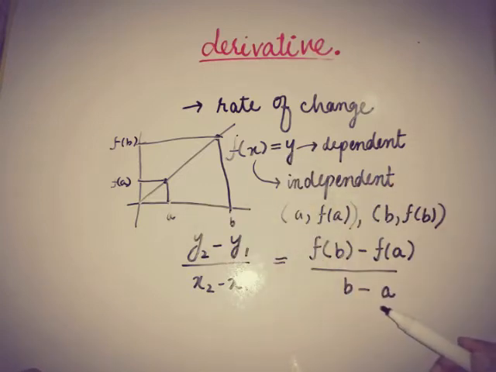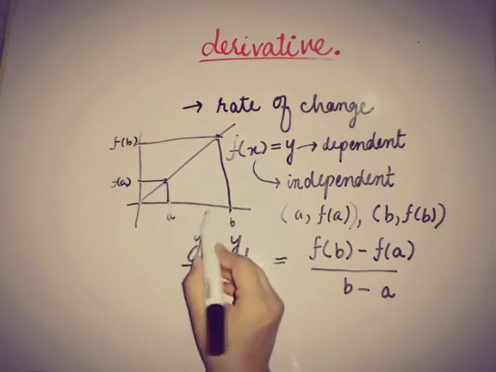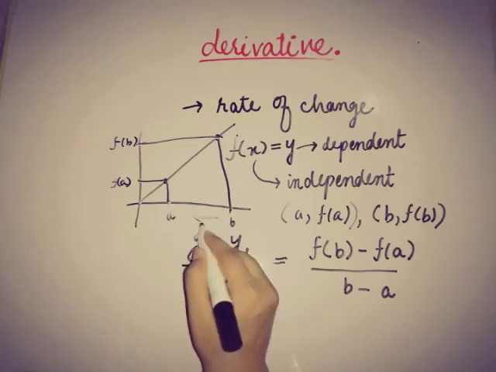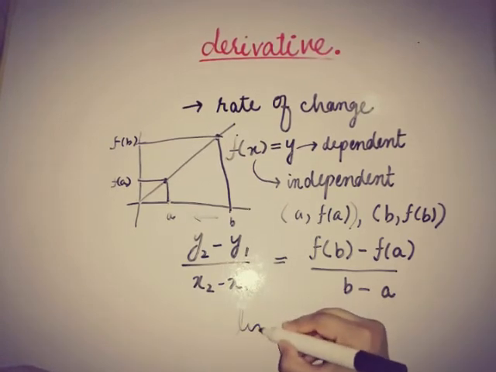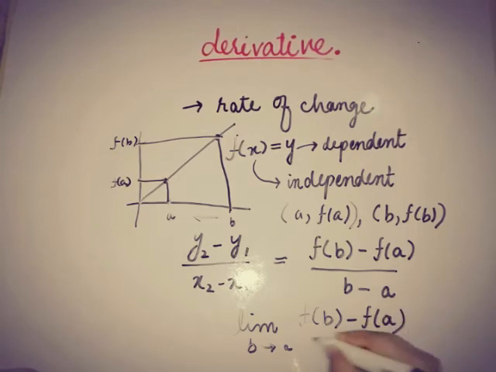Because the rate of change can be small as we take the 2 points, the distance between the 2 points can be made as small as we like. So if b is moving towards a, we can write it as limit b approaches a, f of b minus f of a over b minus a.